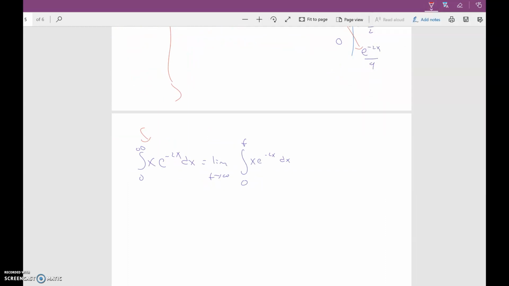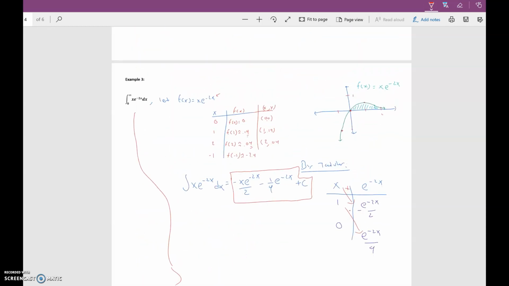Which we found that, without the c, happens to be equal to the limit as t approaches positive infinity. Let me double check that there's no constants on the outside. There's no constants.